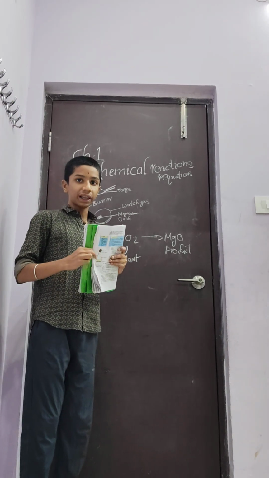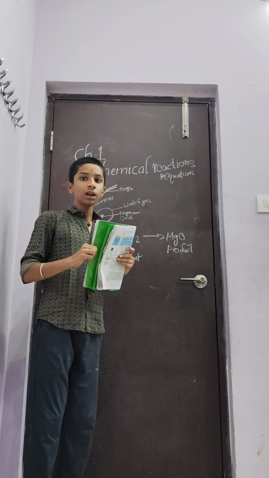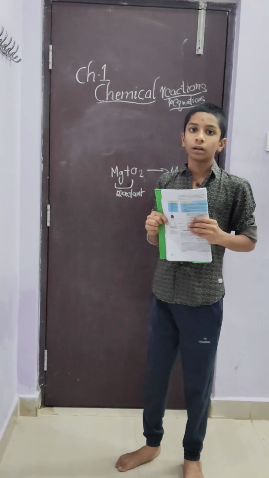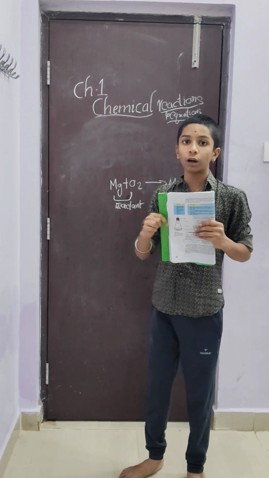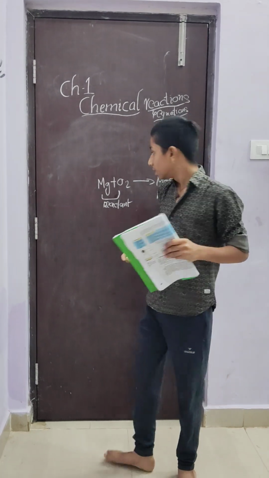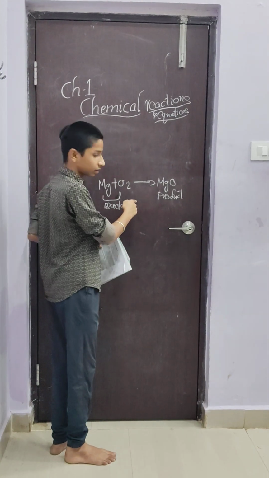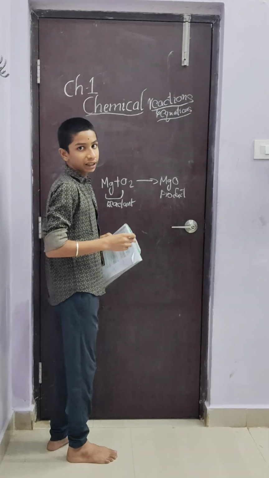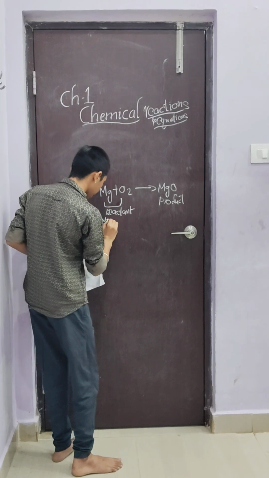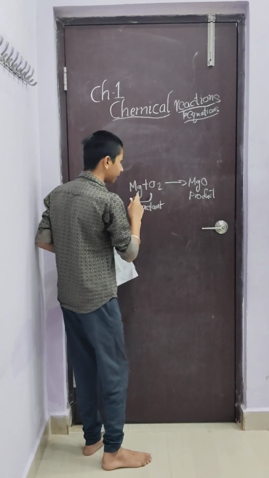Now, types of chemical equations. There are two types: skeletal equation or unbalanced equation, and balanced equation. When the number of atoms on both sides of the arrow mark is equal, it is called a balanced chemical equation. Is this a balanced chemical equation? No. How to check? We have to write the elements of the reactants and products.